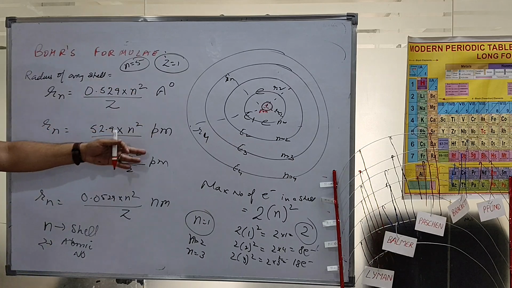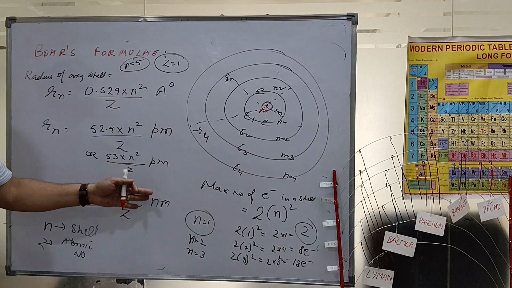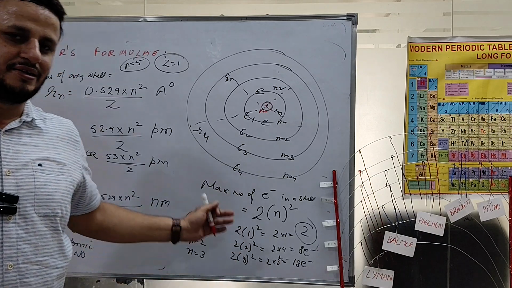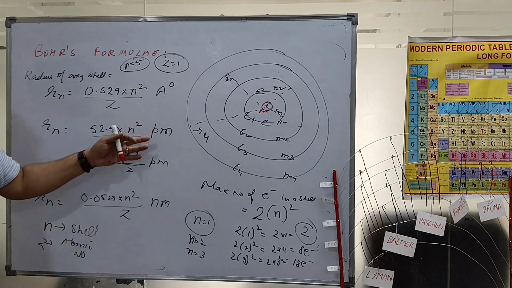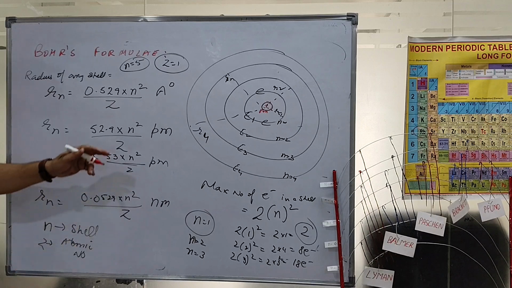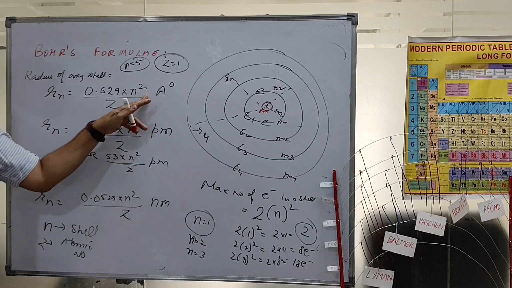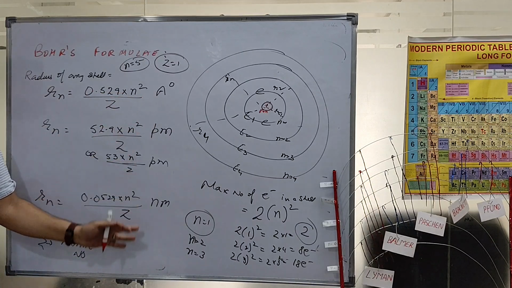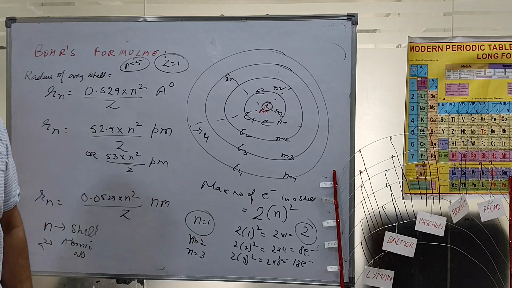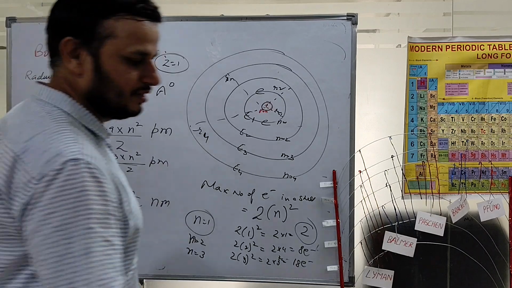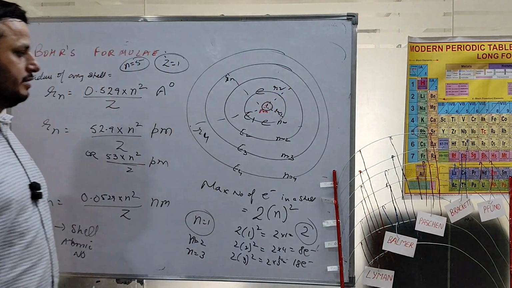In a subjective question we can find the answer in any unit, and in an MCQ we will see the options and find the answer according to the unit given. So this is the formula for radius, and then the energy of any shell.